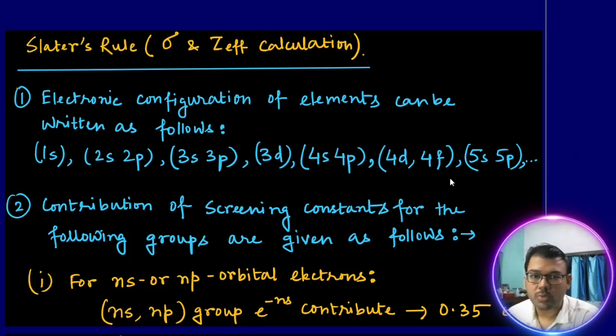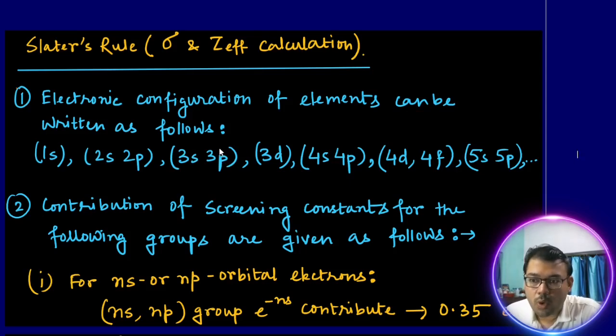The second point is the contribution to the screening constant for the following groups. In these groups the electrons are situated, and each electron contributes a different value to the shielding constant. For ns np electrons, if there are 5 electrons, 1 electron is being shielded by 4 electrons in the same orbital group, 3s 3p.